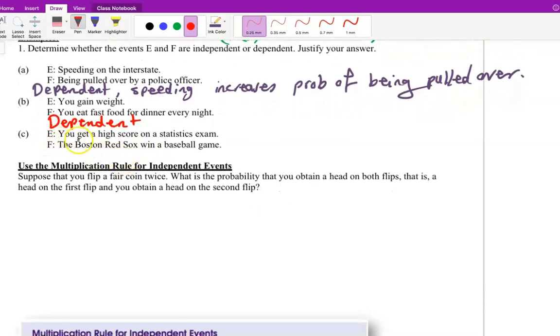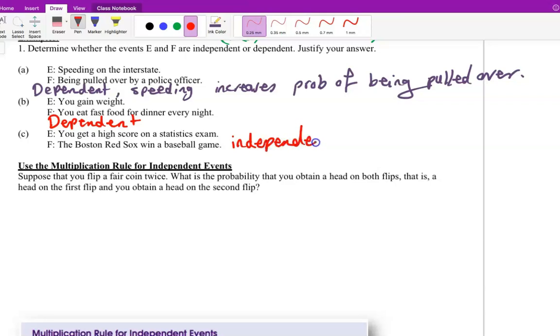And C, you gain a high score on a stat exam, and the next one, Boston Red Sox win a baseball game. Obviously there is no relation between these two. It doesn't matter if they win, it won't affect your score on the stat exam. So this is independent.